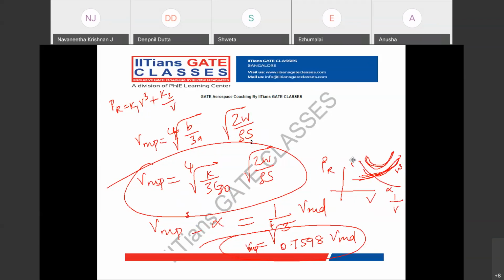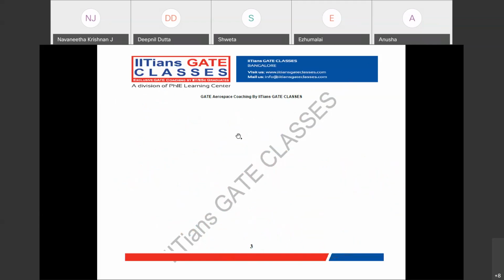So what happens? Minimum power required varies with respect to altitude. That's what we have seen now. It depends upon density. So minimum power required varies with respect to altitude. Power required changes as altitude increases like this.